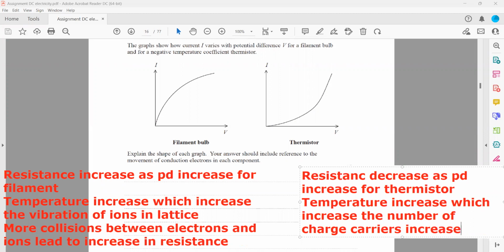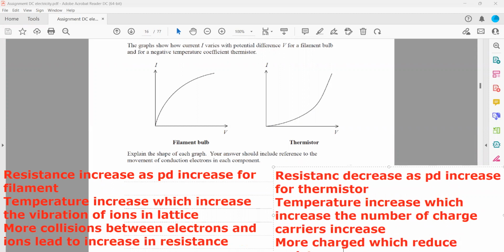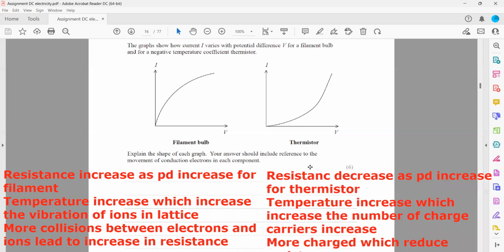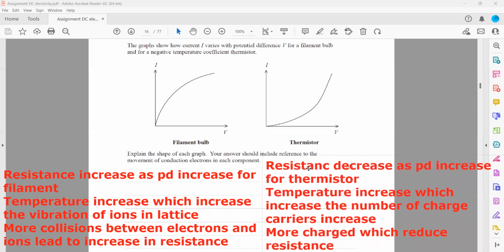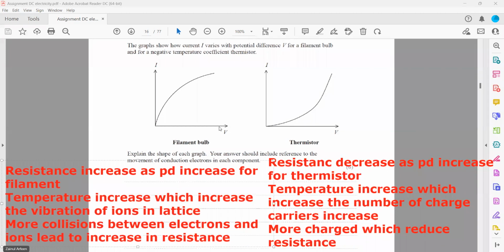As a result, there are more charges, which reduces the resistance. Like greater number of charges, the resistance will decrease or reduce. So this is the comparison between the fixed filament and the thermistor. Is it clear, this one?